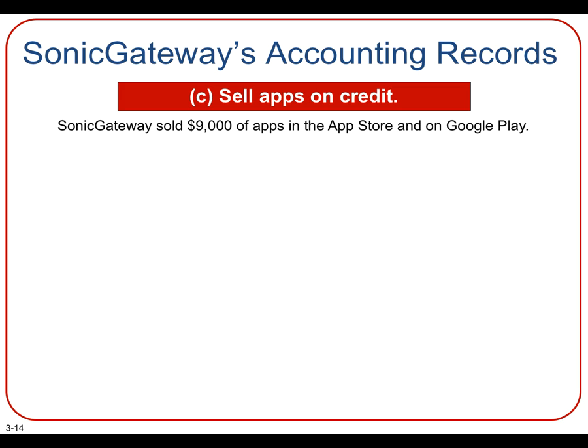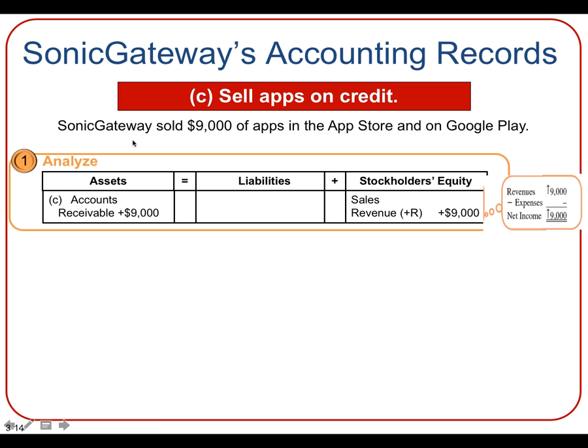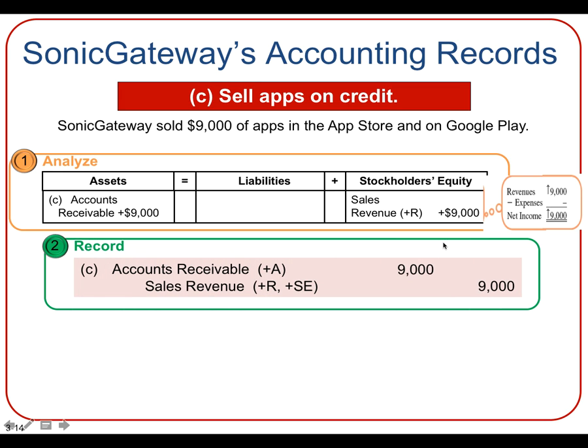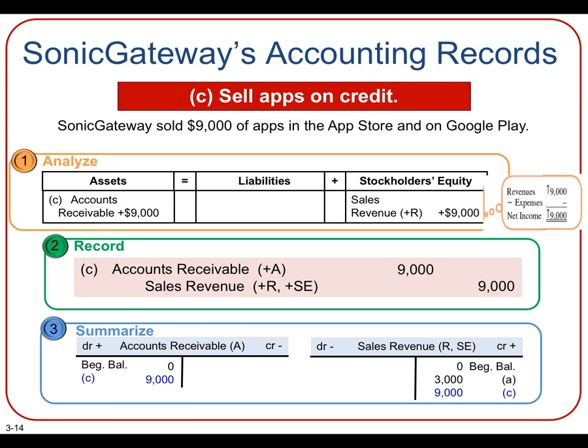So you have an increase in your accounts receivable. You also have an increase in your sales revenue. And sales revenue is part of your retained earnings. Retained earnings is part of your equity, which is on the right hand side. So here the journal entry looks like a debit to accounts receivable and a credit to your sales revenue. This is what the T account looks like.